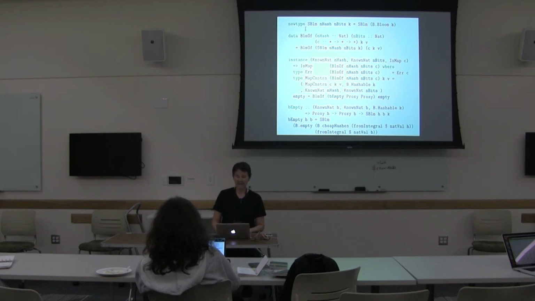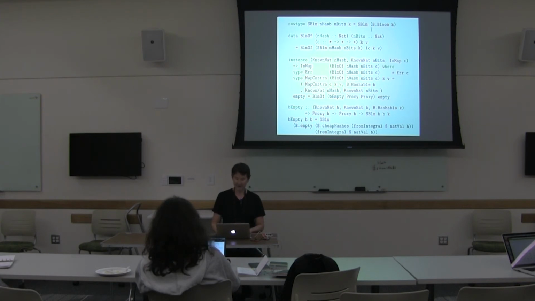So what I'm saying is I've got a new type of SBloom, and the S in my mind means sized. It's a sized bloom. And I give it two phantom types: N hash means the number of hashes, N bits means the number of bits in it, and K is the type of the key.